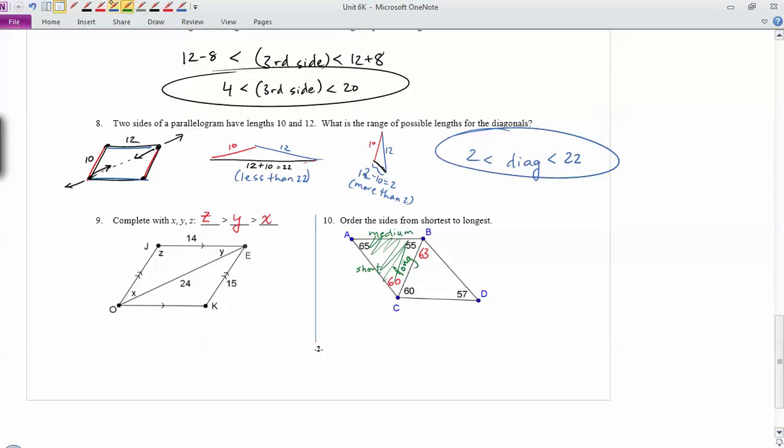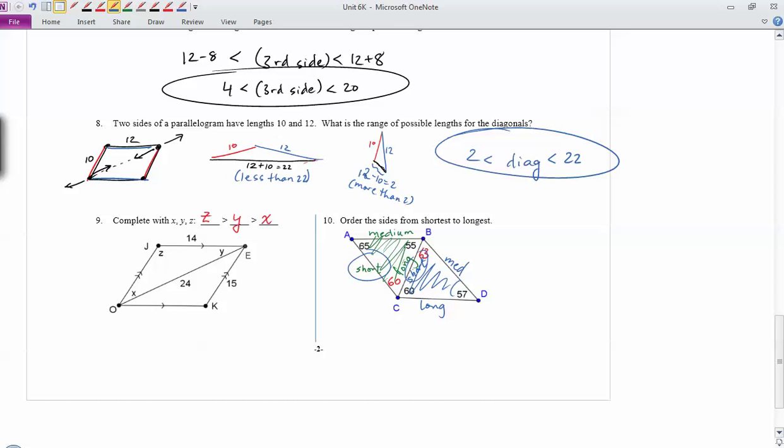And then in the other triangle, the 57 is the smallest angle, so this is the short side. The 60 opens up to the medium, and the 63 opens up to the longest. So I've got two short sides, AC and BC. But BC is the short side of the blue triangle, and it's the long side of the green triangle.